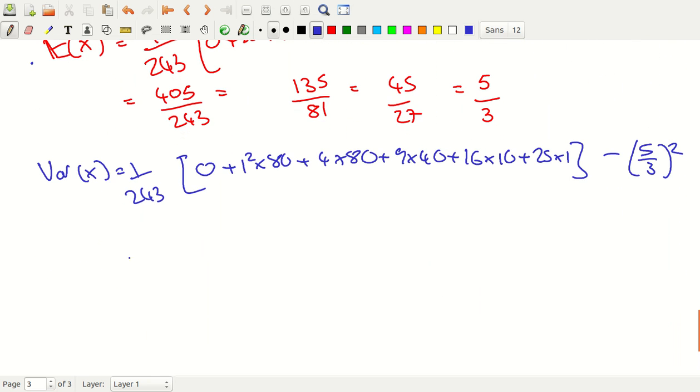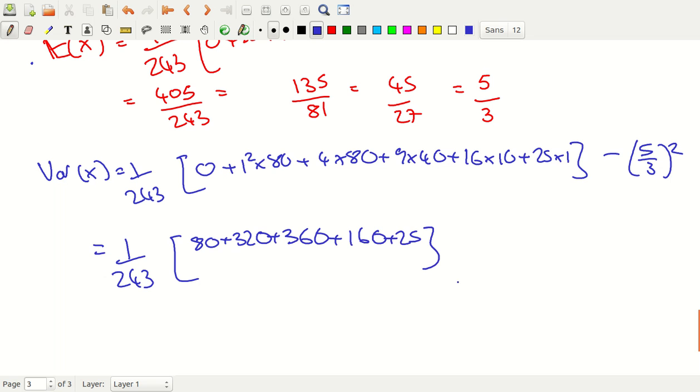Okay. So that's equal to 1 over 243. I'll do it slowly. 80 plus 320 plus 360 plus 160 plus 25 minus 25 over 9. And if I multiply top and bottom there by 27, I'll get the common denominator of 243. 25 times 27 is 675.